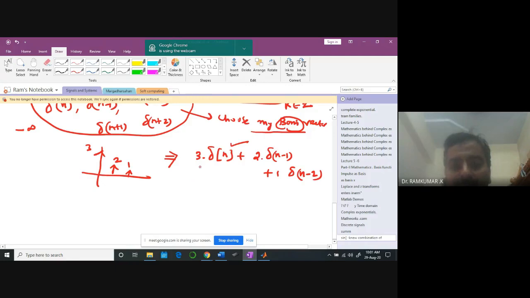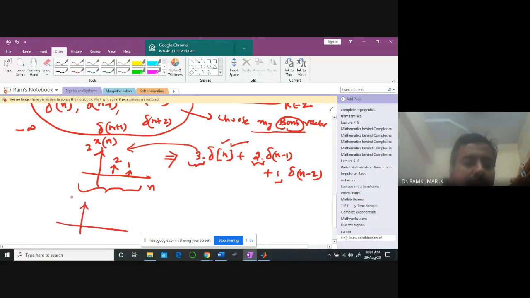And I said that these coefficients, for impulses, will be quite obvious. You can collect these values 3, 2, 1 by looking at the graph itself. This is my x of n. So this is 3 times the signal delta n. Delta n exists only for n equal to 0.